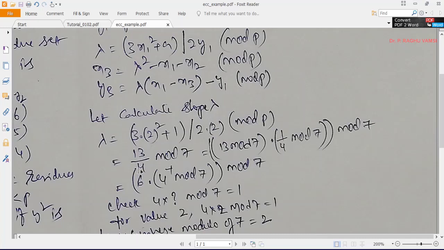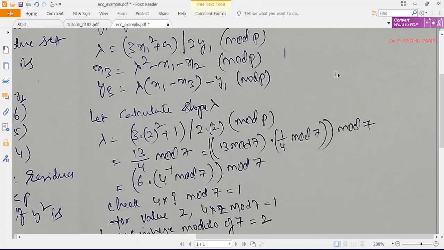13 into 1 by 4 is like a into b mod p. That will become (a mod p into b mod p) whole mod p. So this is the way of calculation for the modulo operation.